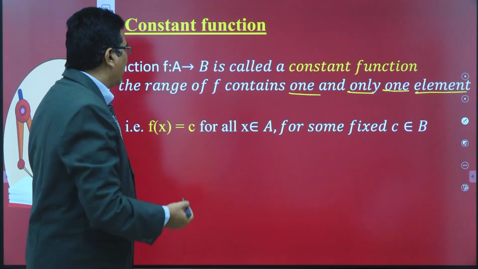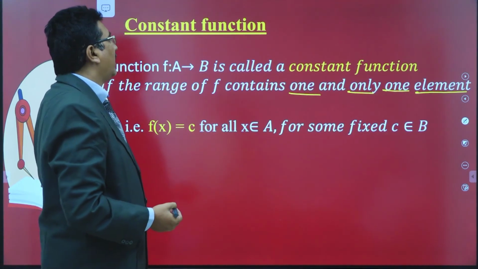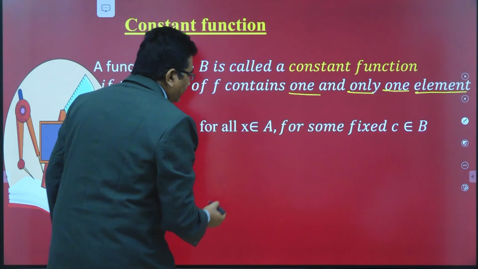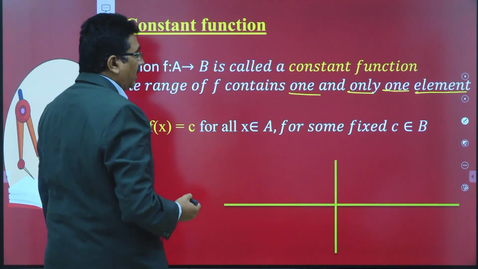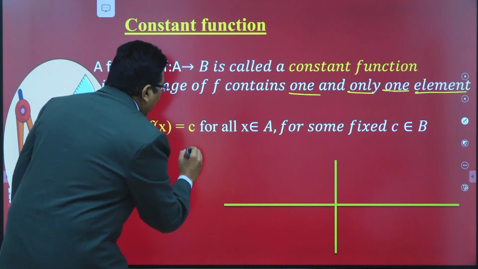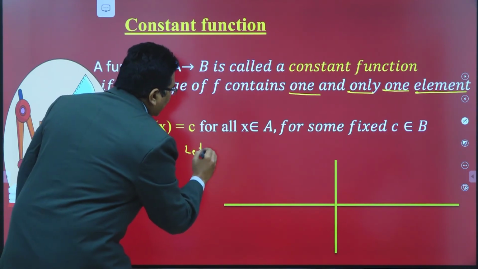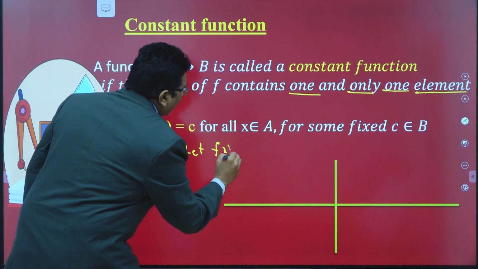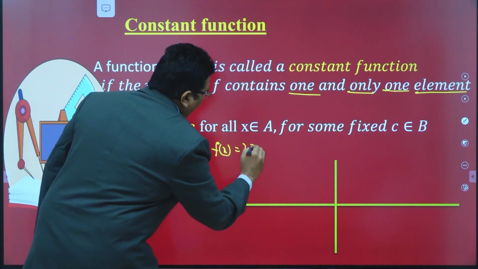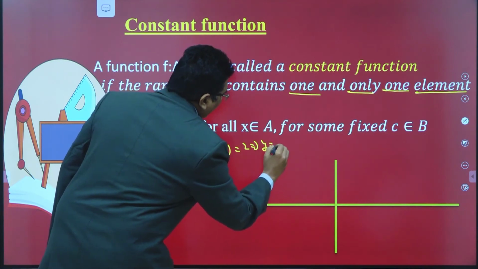Now, how to draw the graph of this constant function? Let f of x be equal to 2. It means y is equal to 2.